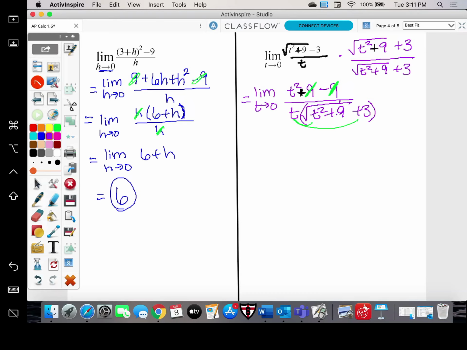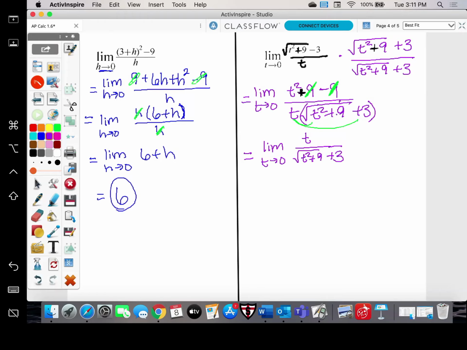So don't distribute that, just let it hang out there. And now we can cancel one of the t's from the top and the t on the bottom. So we have the limit as t approaches 0, 1 t left on top, and the denominator is just the square root of t squared plus 9 plus 3. Okay, again, that's t squared plus 9 because I made the typo at the beginning.